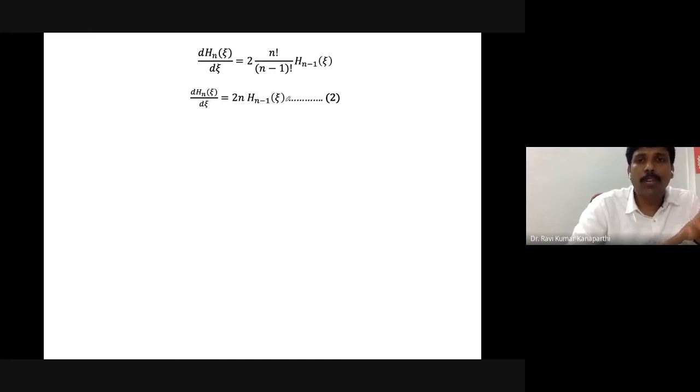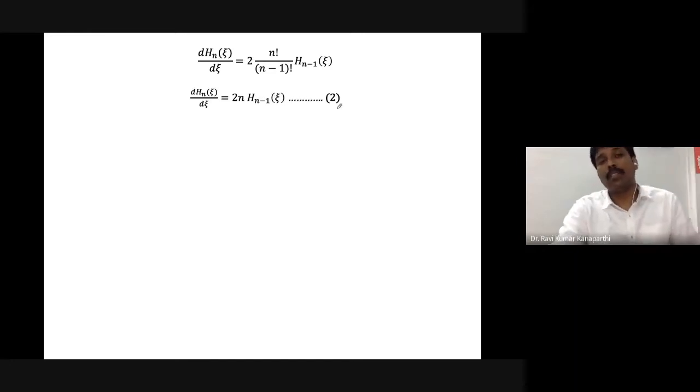So that is what we obtain from this. You can label this expression and keep it in safe custody, and remember this relation, we are going to use it as we proceed further.